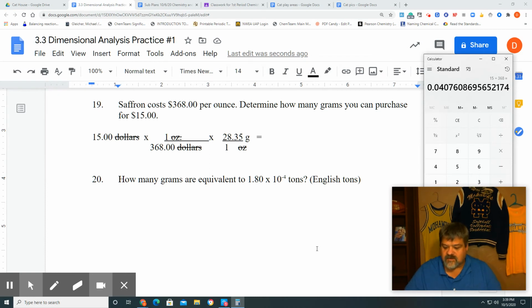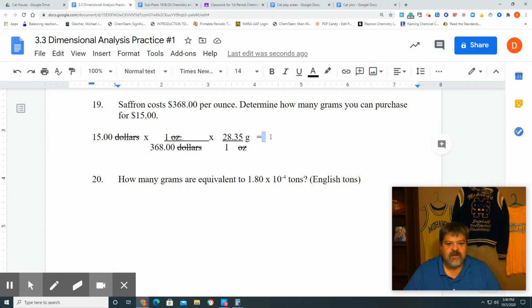So we're going to take this number right here and multiply that by 28.35, and I get 1.15557. So we'll put that number in there. That's as many as we need to go. And that's going to be grams that we can purchase.